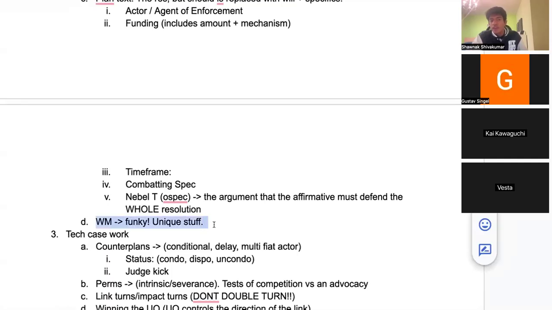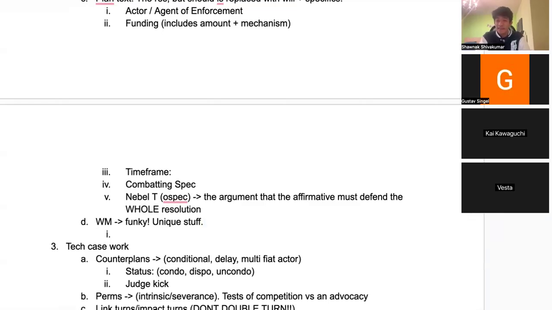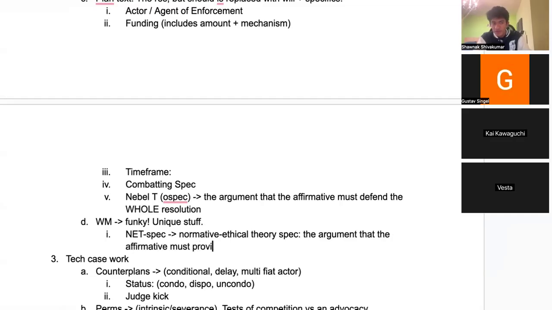Okay. Yeah, weighing mechanisms, you can choose random stuff. I would just stick with net benefits. I don't think there's anything. Util, net benefits. You might run into something called, I'm literally just covering all my bases, I'm sure you're never gonna hit this, but net spec, which is normative ethical theory spec, which is an argument that the affirmative must provide an ethical theory as a weighing mechanism.